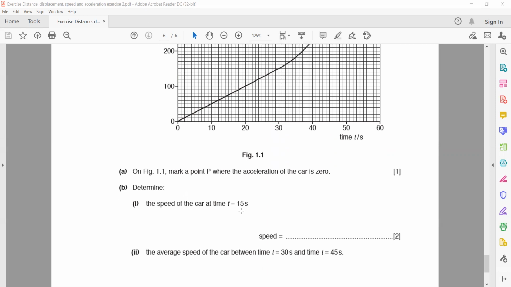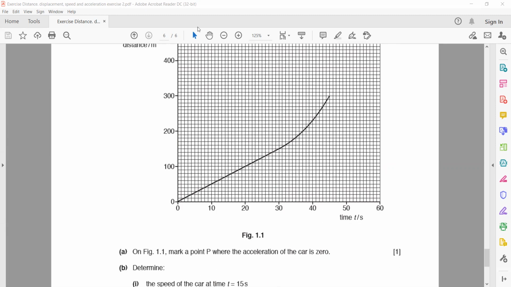For B1, you want the speed of the car at 15 seconds. So we want the speed when time is equal to 15. Because in this region the speed does not change, I can find the distance here, use this distance divided by time, and get the speed of this region.